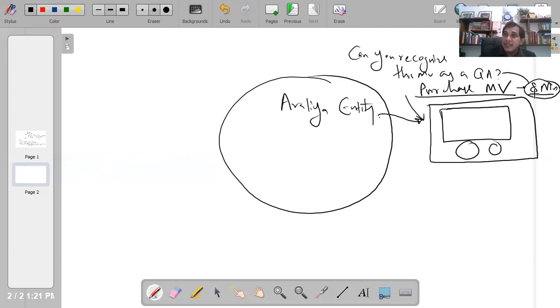What would be the answer? You should say no, this is not a qualifying asset. Why? There is no such considerable or substantial period of time. Therefore, this is not a qualifying asset. So the interest on this loan should be charged to P&L.